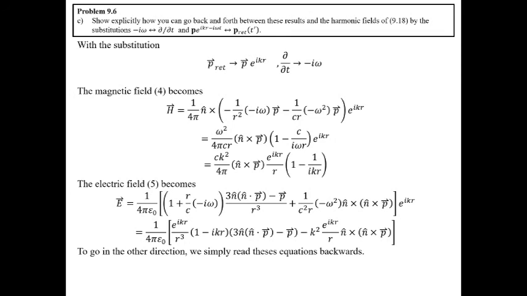With the substitution, the magnetic field, Formula 4, becomes this, and the electric field, Formula 5, becomes this. To go in the other direction, we simply read these equations backwards. So problem 6 is totally finished.